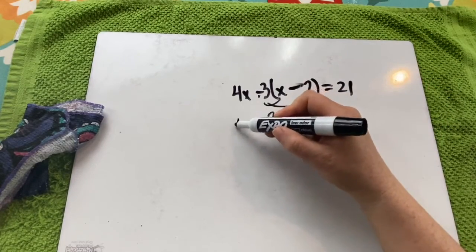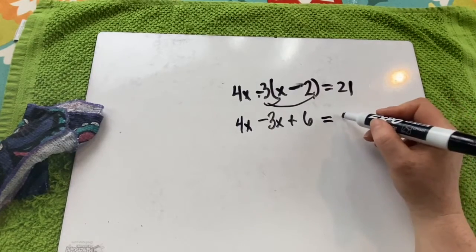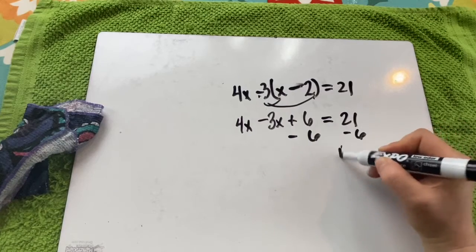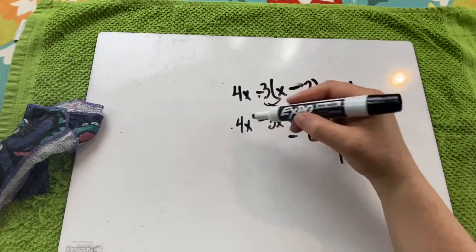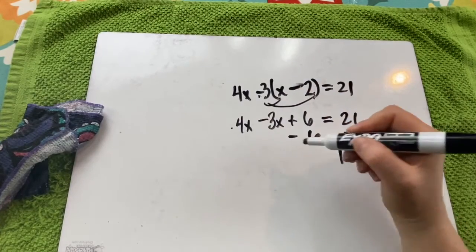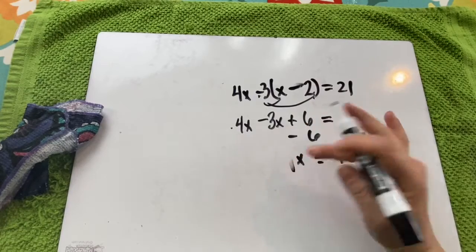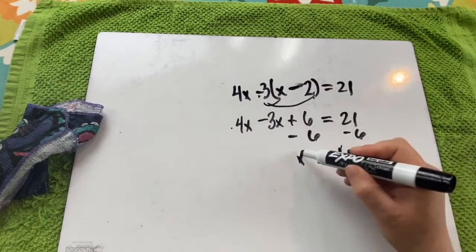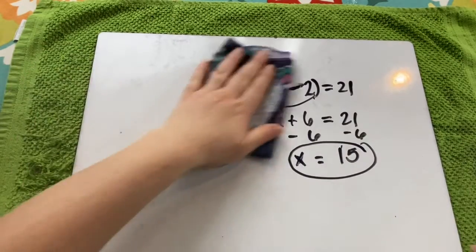So I have 4x minus 3x equals 6, plus 6 equals 21. So minus 6, which is 15. And then 4x minus 3x is 1x. Guess what x equals? X equals, man, I can't get that to go away, 15. Done. Okay, so some of them are going to be easy like that.